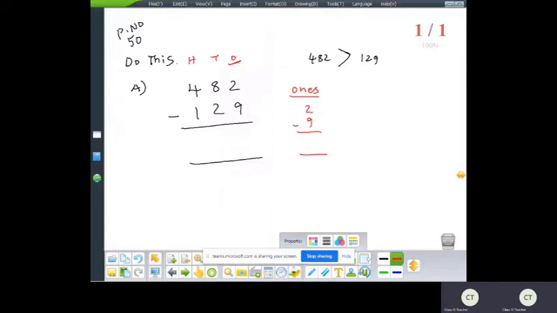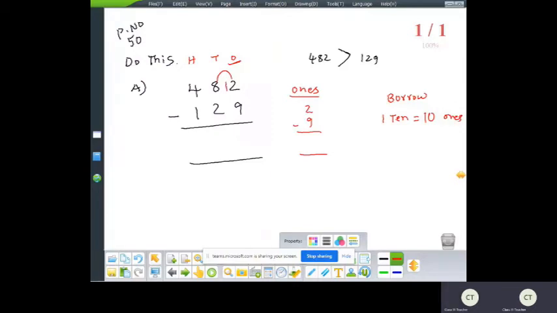So at this time we use borrow. Borrow means we take 1 ten from the beside number. 1 ten is equal to 10 ones.